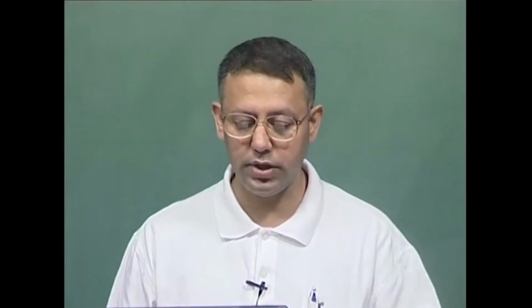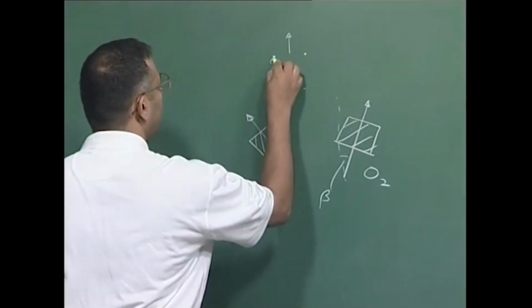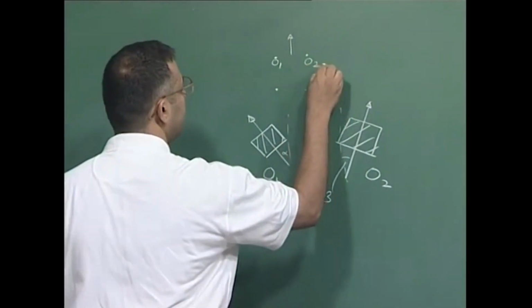Now suppose in the case of two orientations, obviously the crystal's symmetry would be lowered further, and it will clearly not belong to the square crystal. If I am just using two orientations, in other words, I put on this lattice point the first orientation. Let me go back to the board maybe. So at this lattice point I put orientation 1, at this lattice point I put orientation 2.